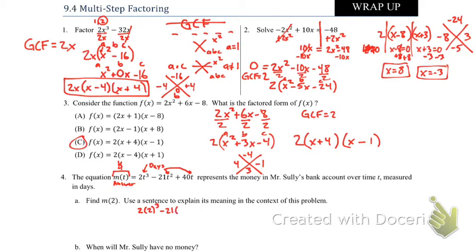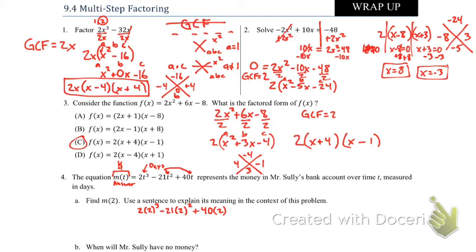Instead of T, I'm plugging in 2. Plus 40. And instead of T, I'm plugging in 2. Notice I plug in the 2 with parentheses. Very important you do that. Okay, so once we do this math, it's going to give us our answer, which is the amount of money he has in his bank account.